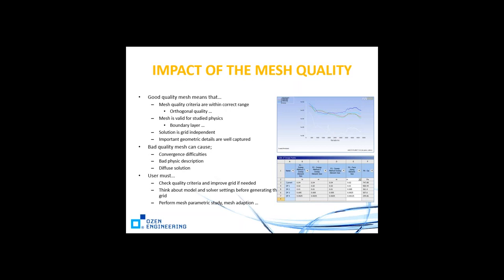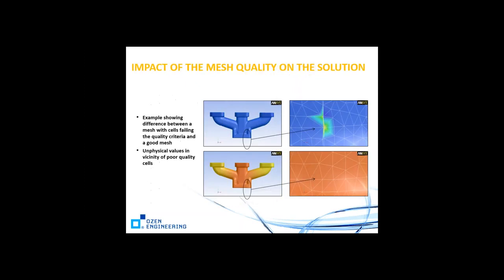So you can check things like orthogonal quality, and you can also check boundary layers. Bad quality mesh can cause convergence difficulty or diffuse the solution. So we need to really check the quality of this mesh.